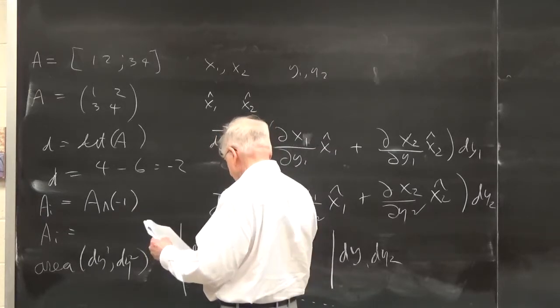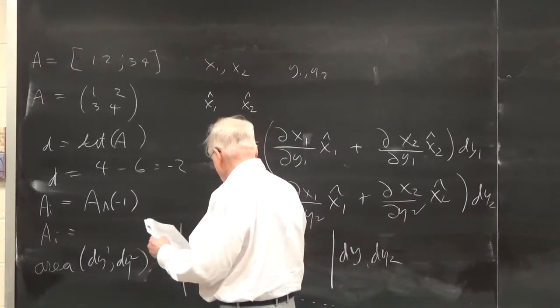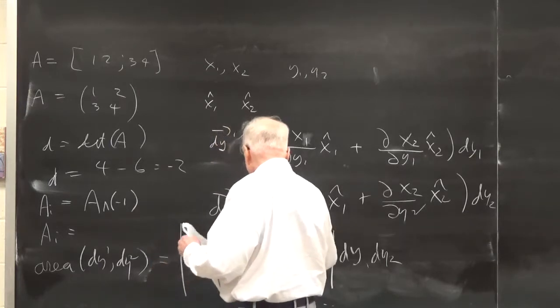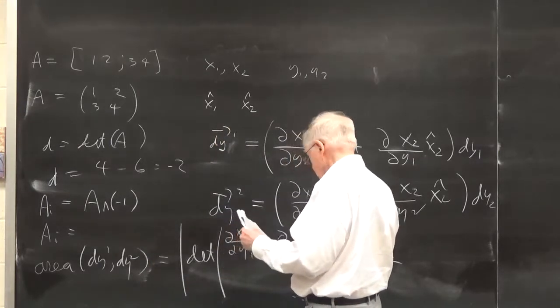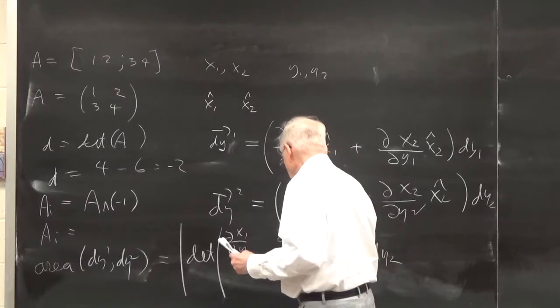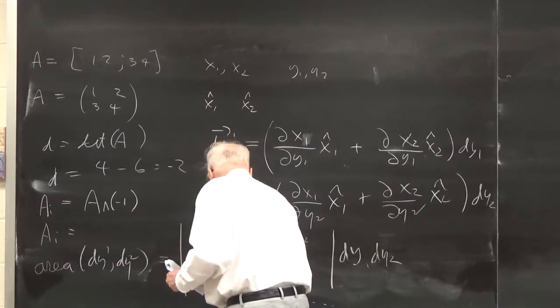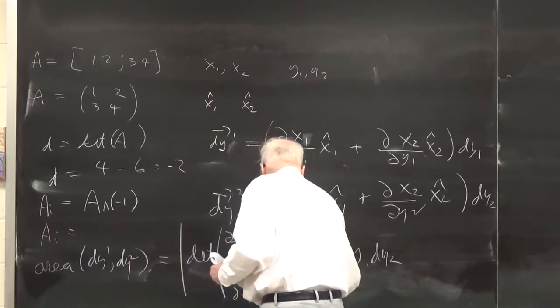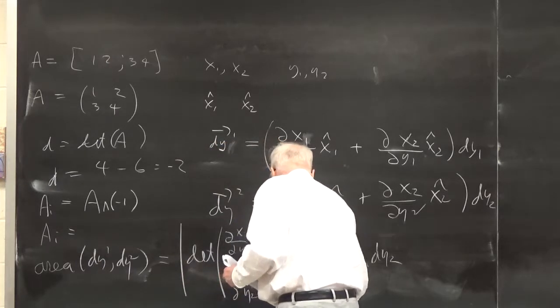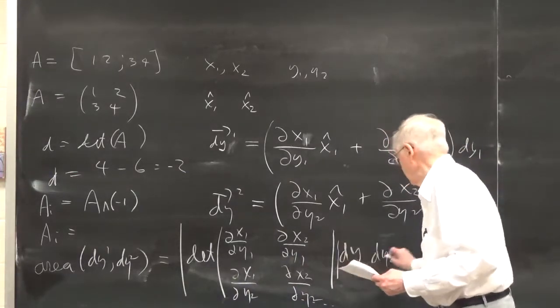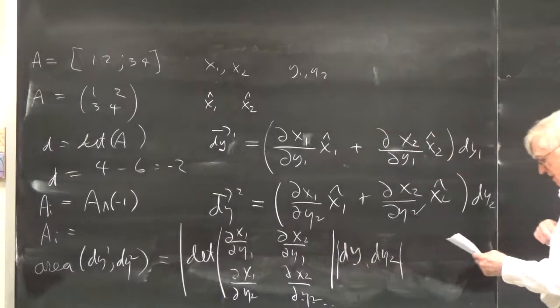And these are then partial x1, partial y1, partial x2, partial y1, partial x1, partial y2, partial x2, partial y2. And actually I should have put an absolute value here also.